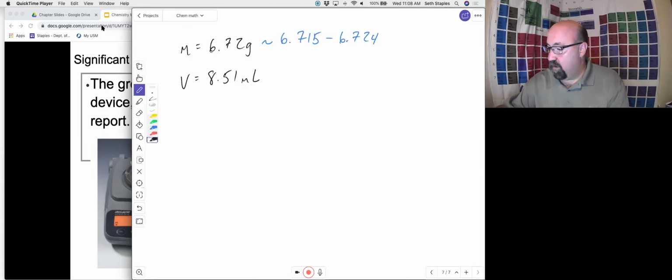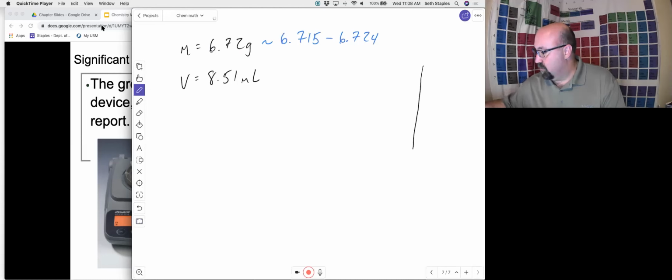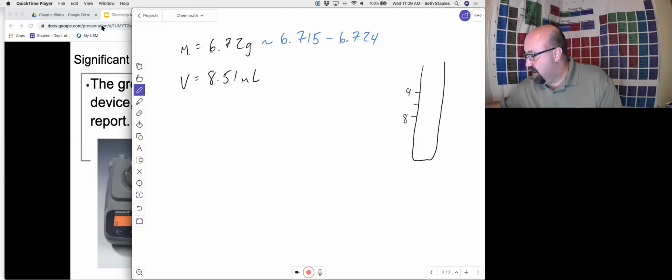And so if we have a very crude drawing, perhaps, of a graduated cylinder over here, and let's say it's marked off something like this. There's 8 milliliters, 9 milliliters. So here's 8.5. And let's say that our actual liquid level in there is sitting like this with our meniscus.